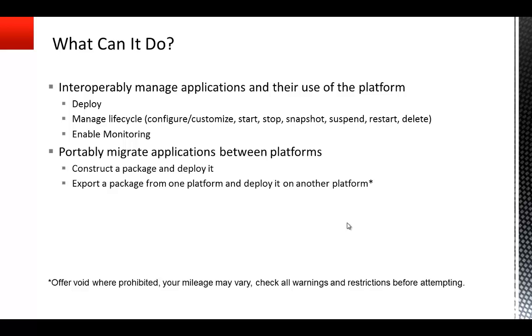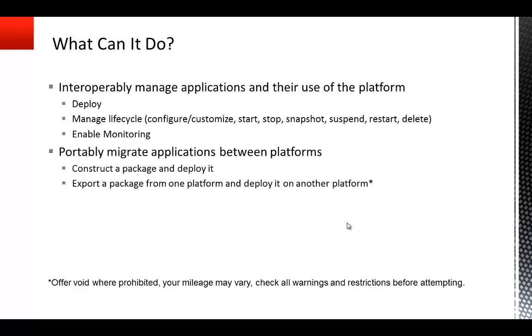The other half of CAMP is the idea of portably migrating applications in between platforms. So I want to be able to take my application artifacts and put them in a package, slap some metadata around that package, and deploy it on a platform. And the idea is that any CAMP compliant platform should be capable of processing that package and at least get you started on getting your application running.